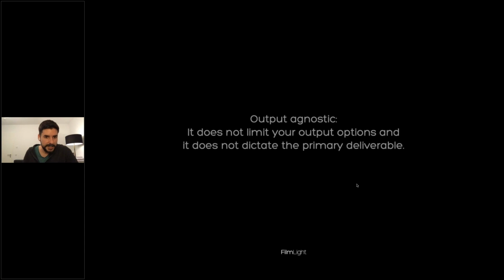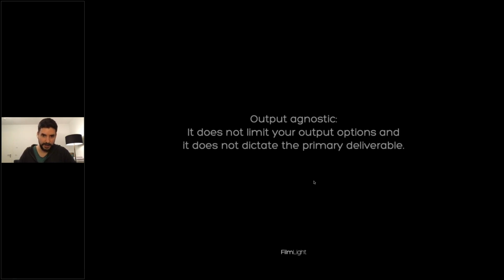Output agnostic means it does not limit your output options and it does not dictate the primary deliverable. A typical case of limiting output options is using a print film emulation lookup table that goes to SDR video or P3, so you end up in the SDR world, and then you have a harder time delivering an HDR version of your grade.